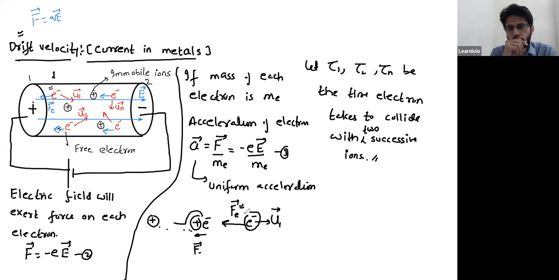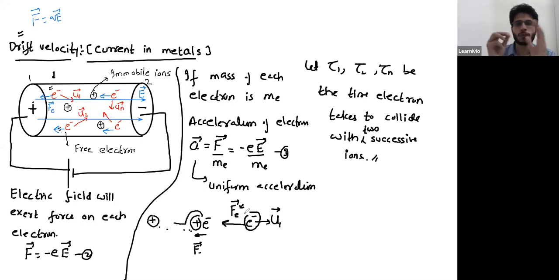Due to this force, this electron will move towards the positive end of the conductor. But while moving towards the positive end, it will collide with the ions, because in a conductor you have plenty of ions. The size of ions is very large as compared to electrons. So whenever these electrons move, they will definitely collide with the ions. Is it clear up to this point, this collision?